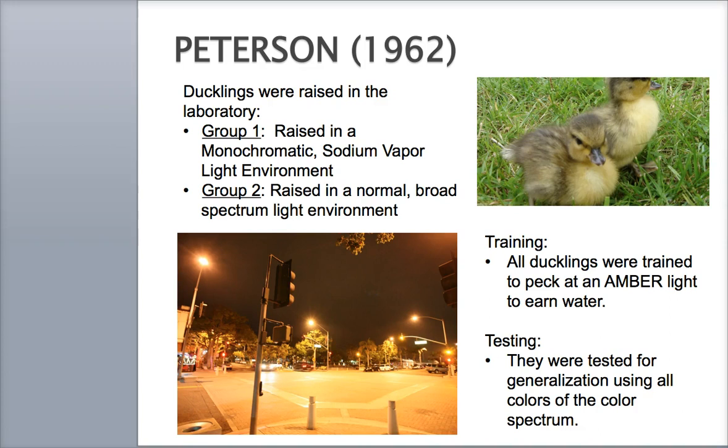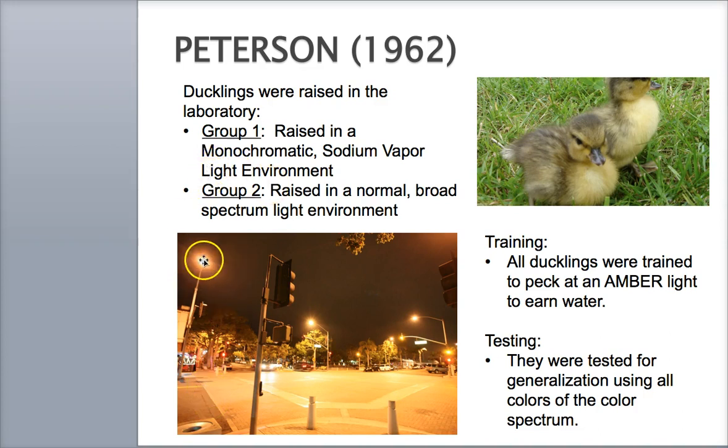So what is a monochromatic sodium vapor light environment? Well, that's why I put this picture down here. This is a picture of what a street looks like at night when the street lights are on. And street lights are monochromatic sodium vapor lights. You'll see what they do is they wash all the color out of everything, and everything in the picture is amber colored.